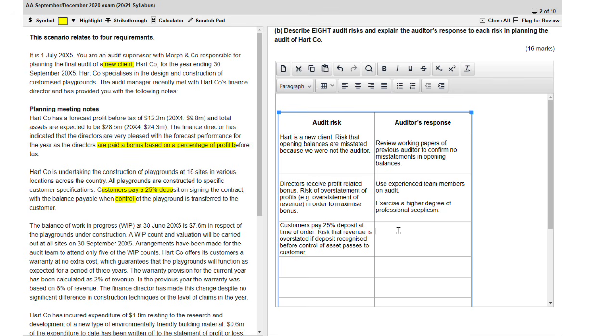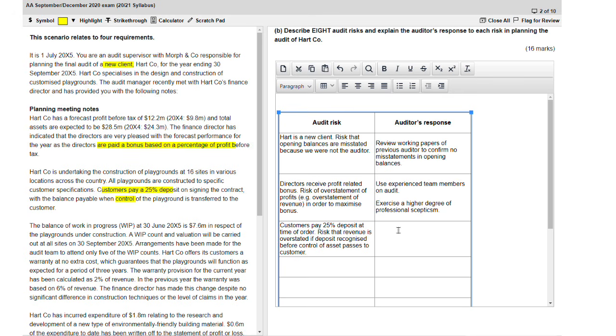So now I need to do some more work. So shall I just put do more work on revenue? It sounds awful, doesn't it? So there are a number of different routes you could use for that. It's asking about response. It's not specific about controls or substantive. So I'll suggest two that you can sort of use as jokers in this situation here.